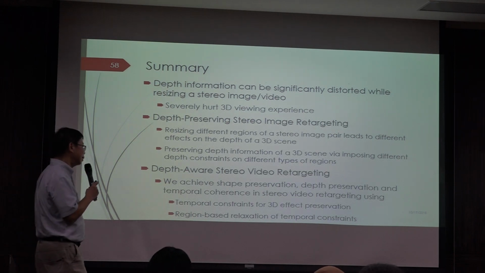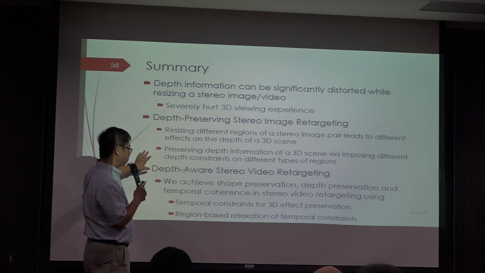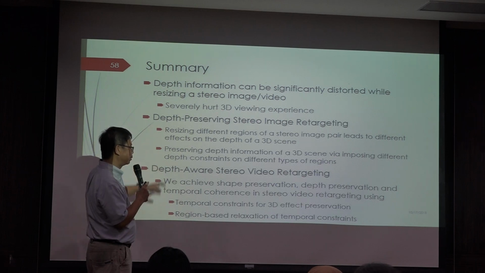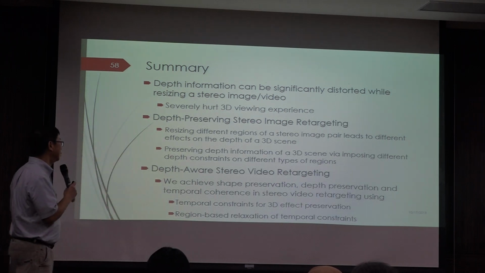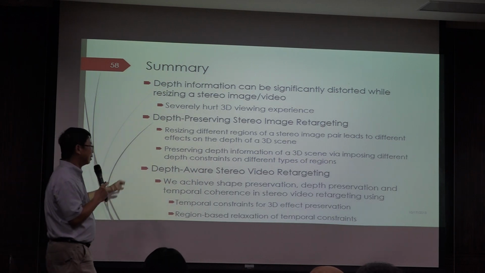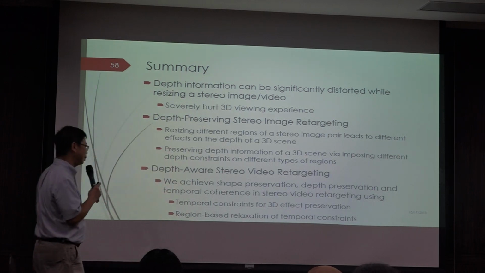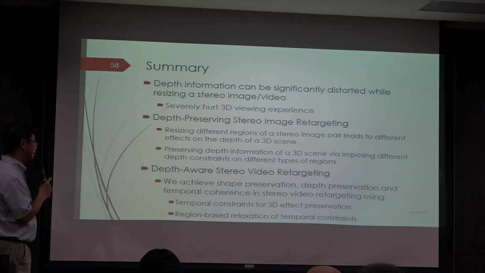Based on this observation, we propose an adaptive method, so we can impose different constraints on different kinds of regions, and preserve the shape information and the depth information in the 3D stereo image.